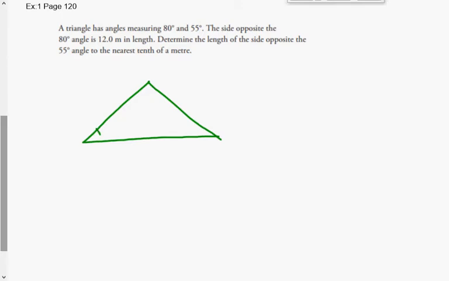And so I know I have one angle at 80 degrees, and I have another one at 55 degrees. Now, I also know that the side opposite the 80 degrees, so that's this guy here, has a length of 12 meters. Now I want to determine the length of the side opposite the 55-degree angle, x. All right, that's my unknown.